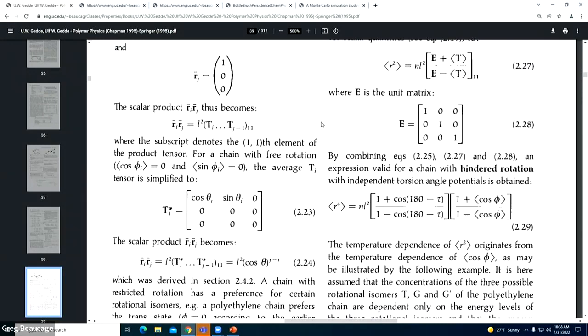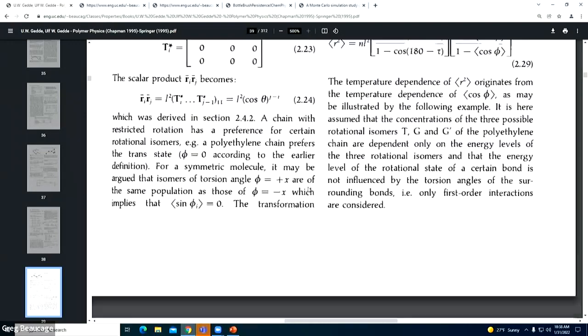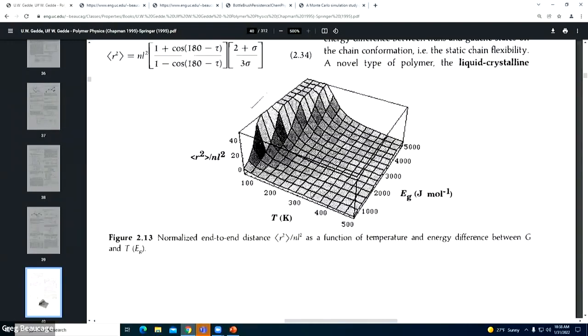You can use a computer to calculate, but it isn't really a simulation. You just do a calculation. What you get is the final chain structure. And you can get it because these rotations are temperature dependent. Then you can get that as a function of temperature. And once you can get it as a function of temperature, you can tell when it crystallizes and what the glass transition is.